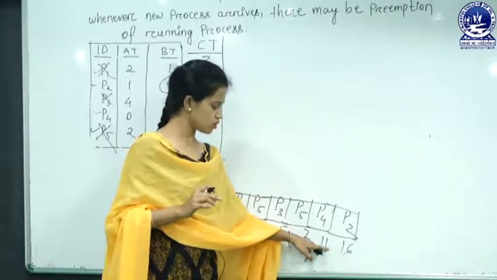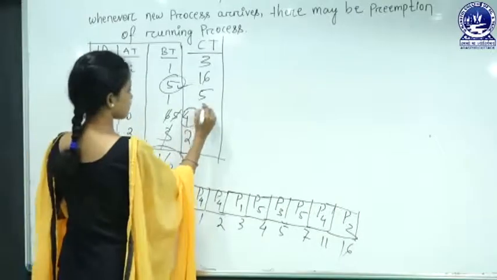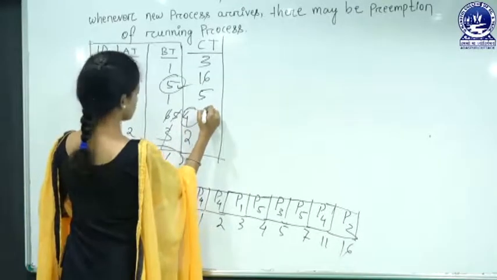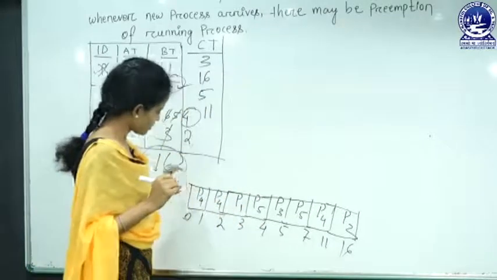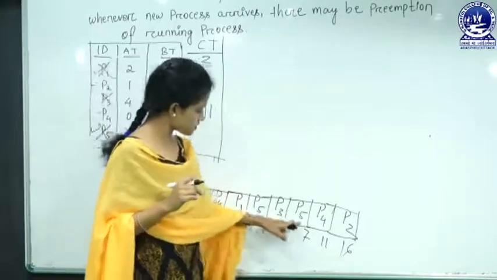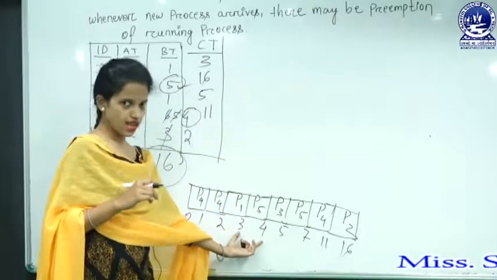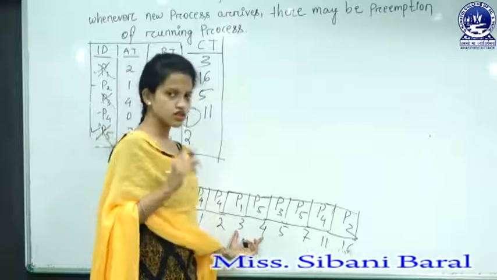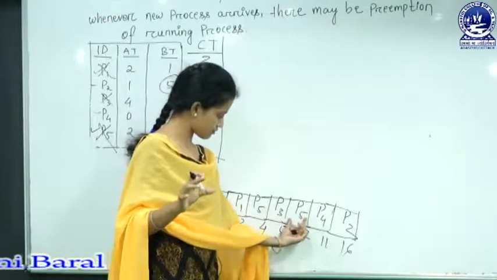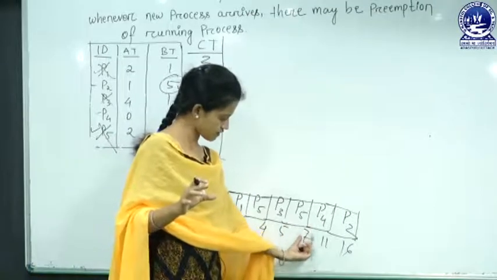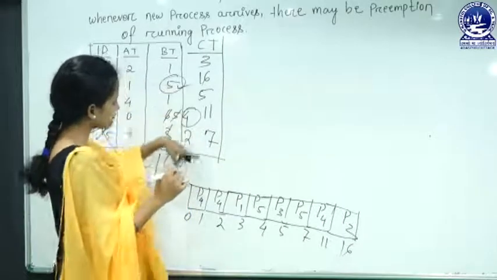So the completion time of P4 is 11. The completion time of P5 is 7. Here P5 is also executing, but we check the final completion time, and at 7 milliseconds P5 has been terminated. So those are the completion times.